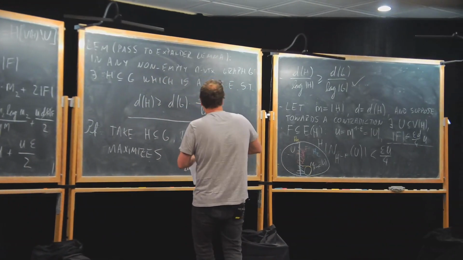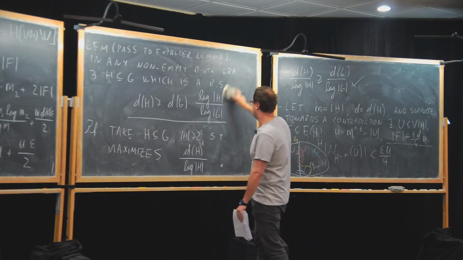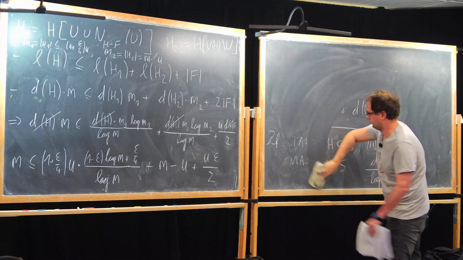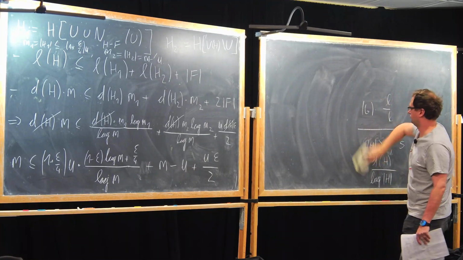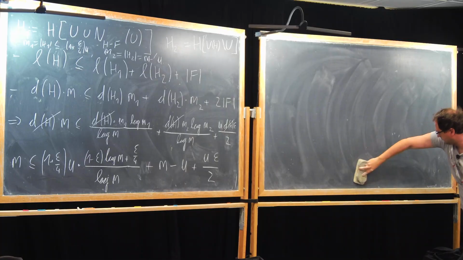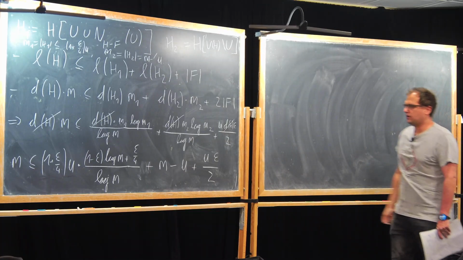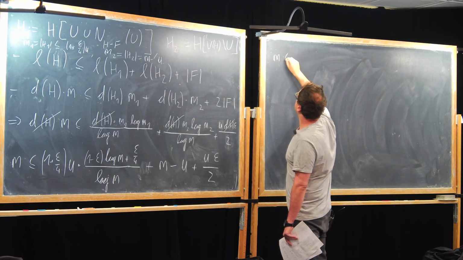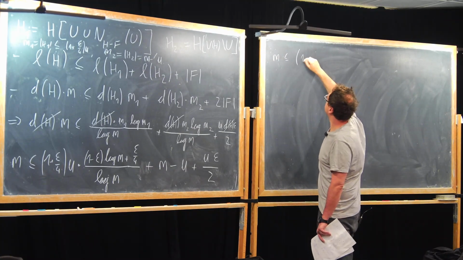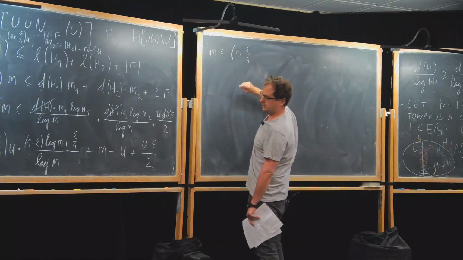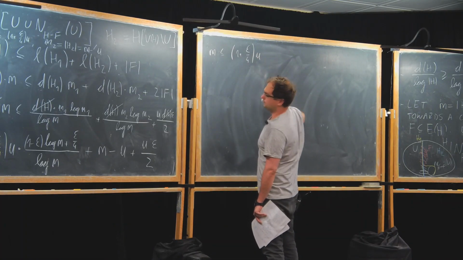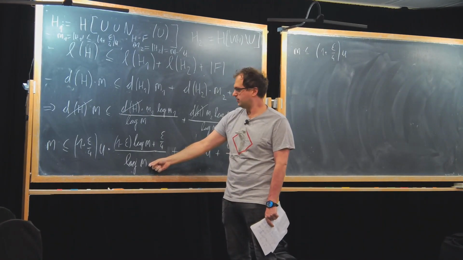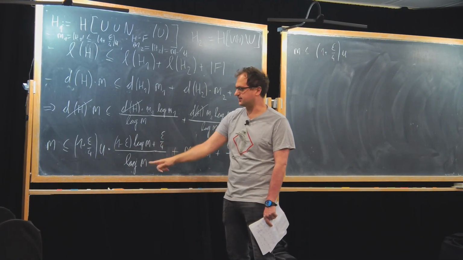And now it's just clean that bit up. So we get M is at most (1 plus epsilon over 4) times U. And here, since M has size at least 2, we can put a log M here as well and then cancel the logs.